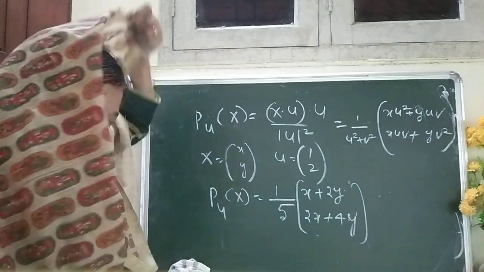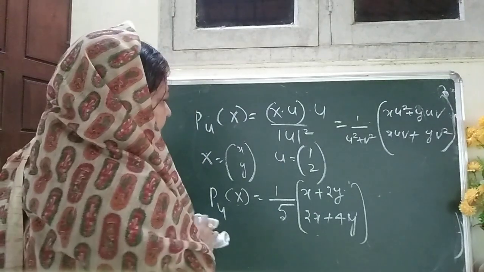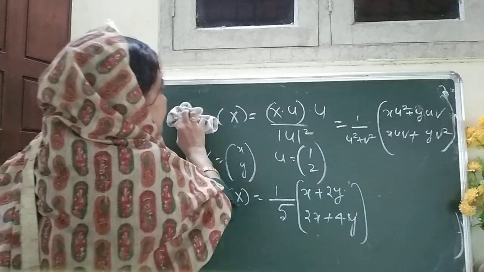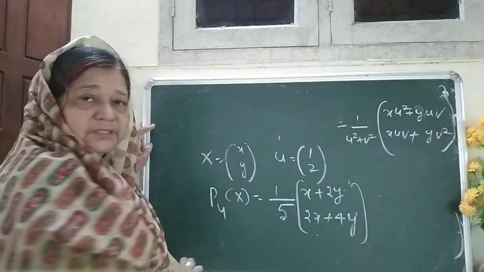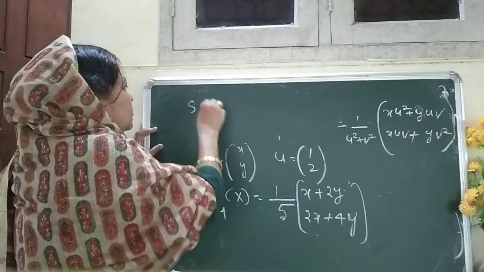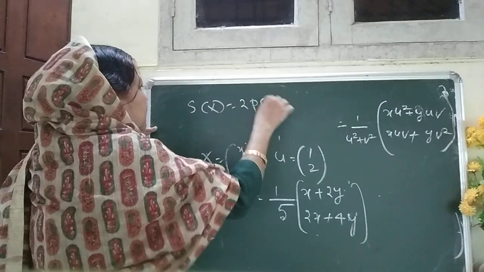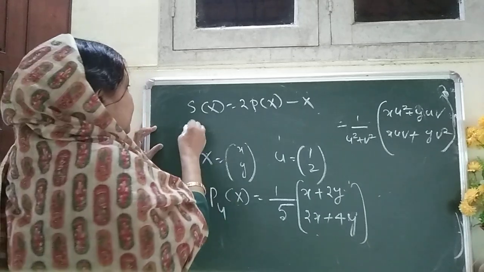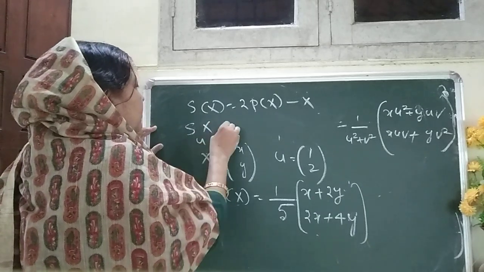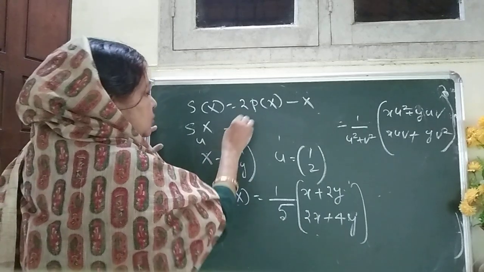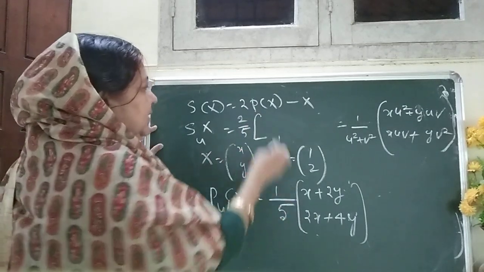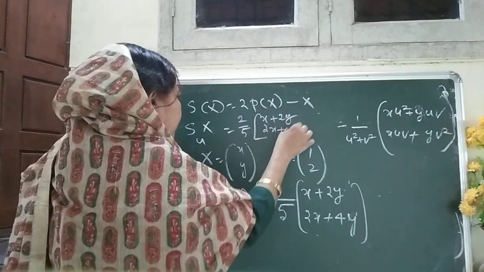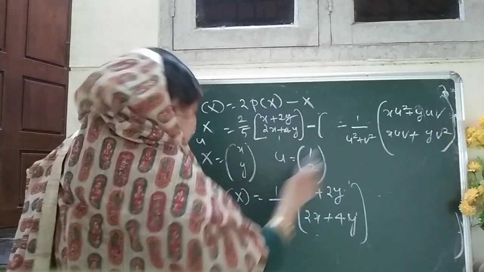Then we can find also, so it is Px. Then we can find its reflection. What is its reflection? For the same vector, we can find the reflection transformation. We know the reflection Sx equals 2 into Px minus x. Therefore, its reflection transformation Sx along u equals 2 into Px, that is 2 by 5 into (x plus 2y, 2x plus 4y), minus (x, y).